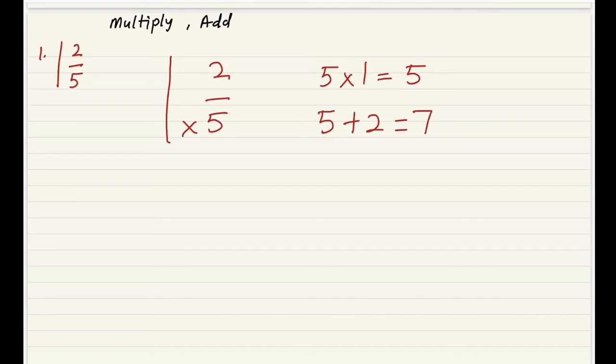This 7 is going to be the top number of our answer, and the bottom number is the same bottom number that we had from the beginning, which is 5. So it becomes 7 out of 5. Simple as that. Let's do a second question and then we'll see how easy it is.